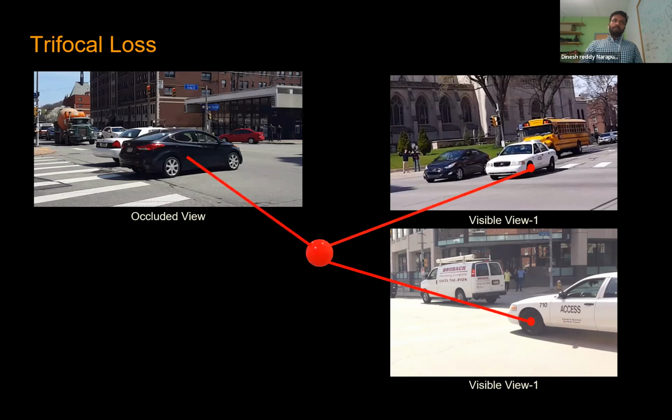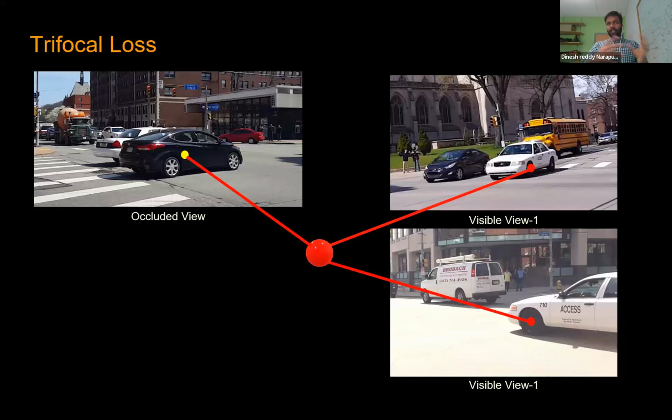You project it back into 3D, and then you project it into the input occluded view, and then you localize. This is what I mean by a trifocal loss. This is the best way to give supervision, because even if I annotate it or use any other method, I will never get very accurate localization.